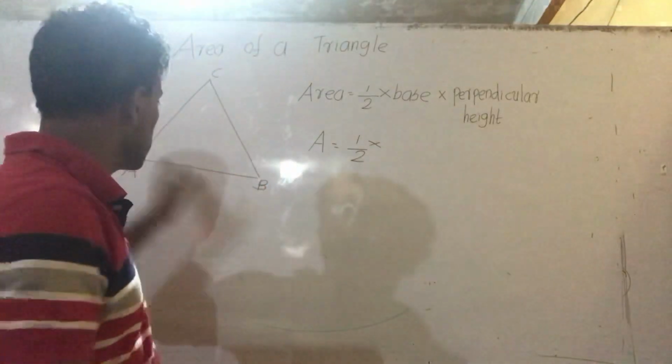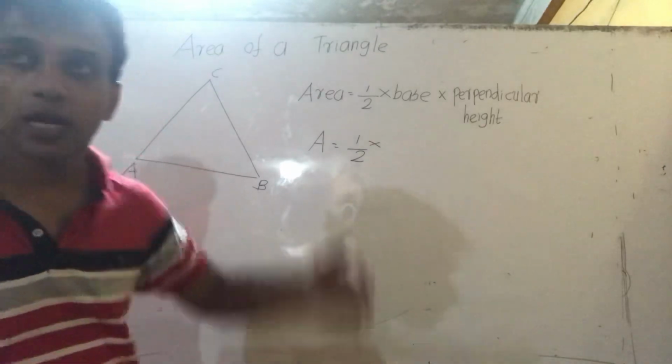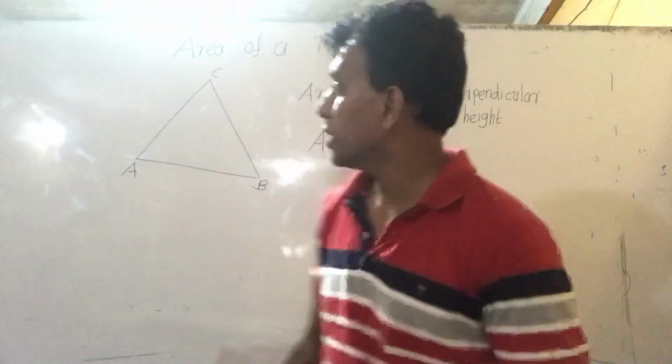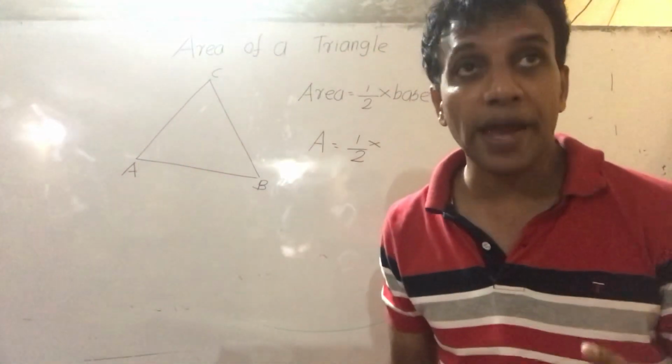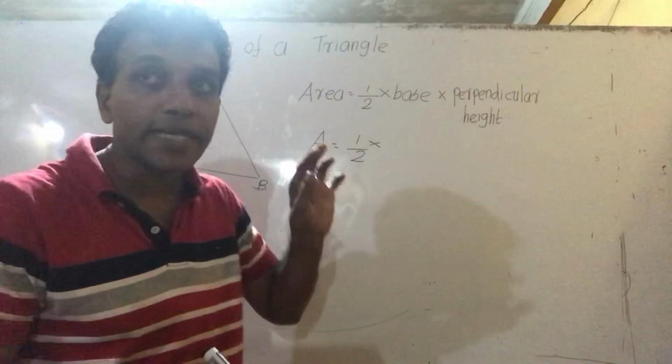So what is the base here? AB is a base. BC also a base. AC also a base, right? Base means a side of a triangle. But the perpendicular height is important.